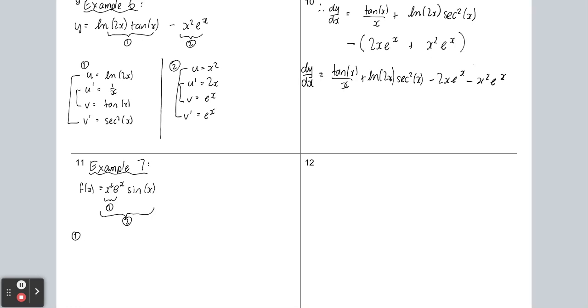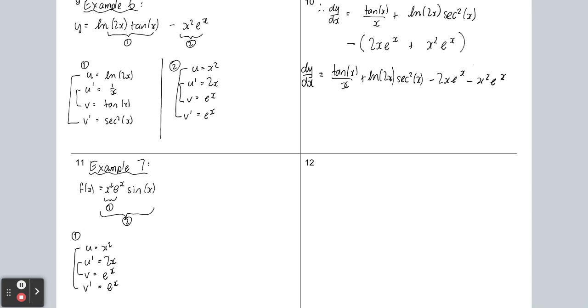So I've got u equal to x squared, so u dash is equal to 2x. I've got v equal to e to the x, and v dash is equal to e to the x, inside, outside.